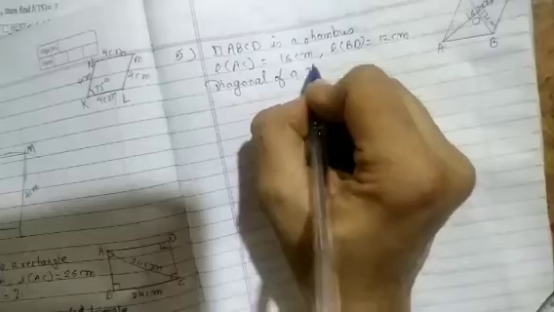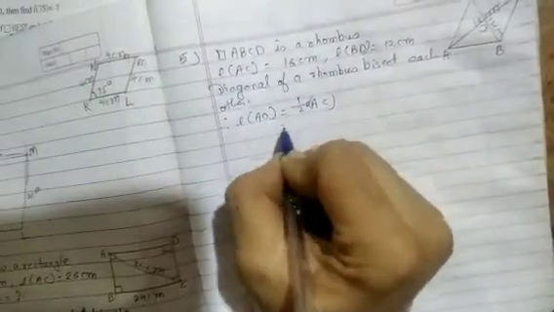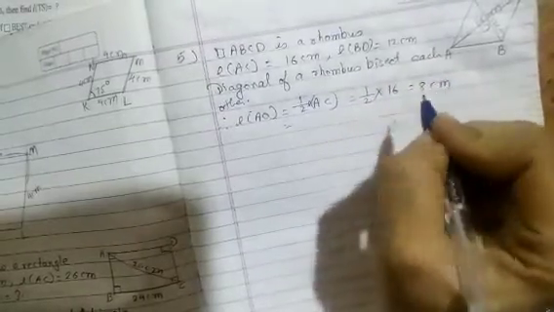Then here we will write: diagonals of a rhombus bisect each other, and therefore the length AO is equal to half of AC, that is half of 16, which is equal to 8 centimeter.